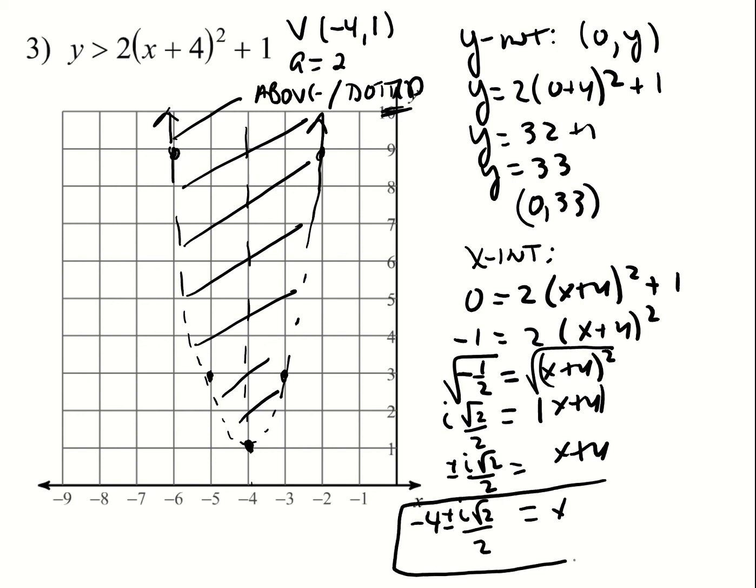And so that is not my x-intercepts, but that is my roots if I wanted when the function was equal to 0.